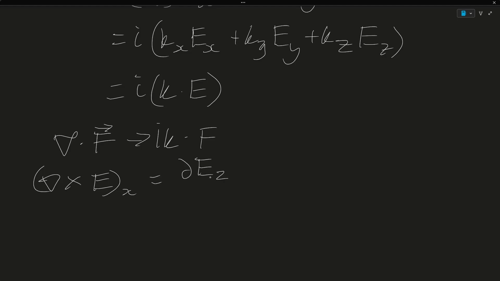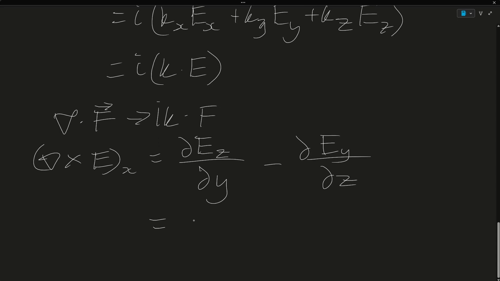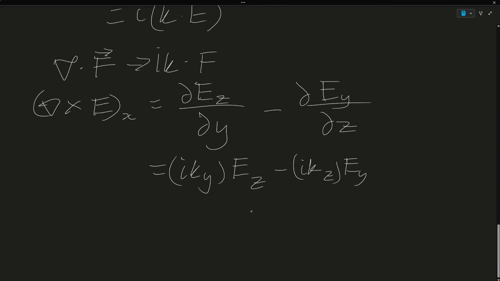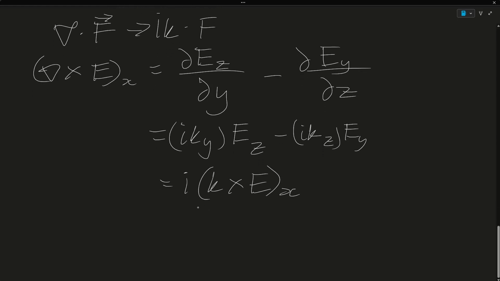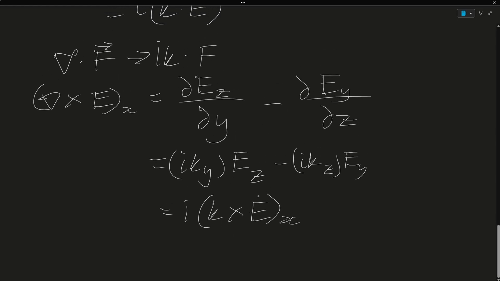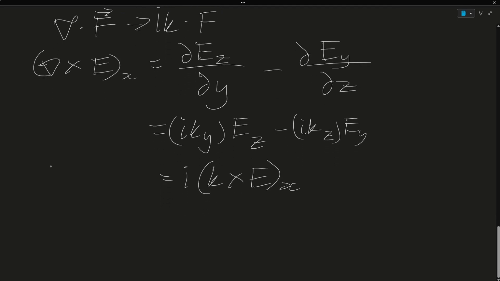It's the partial of Ez with respect to y minus the partial of Ey with respect to z, which is, from our definitions above, i k sub y E sub z minus i k sub z E sub y, which is i bracket k cross E. So for our x curl, we end up with this.